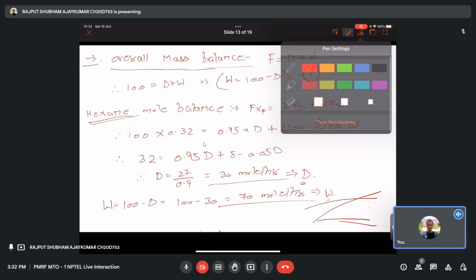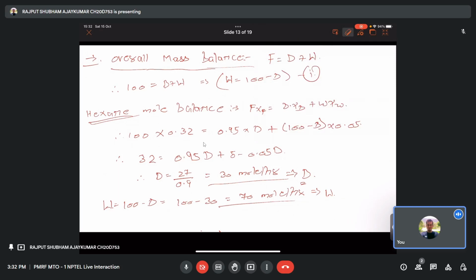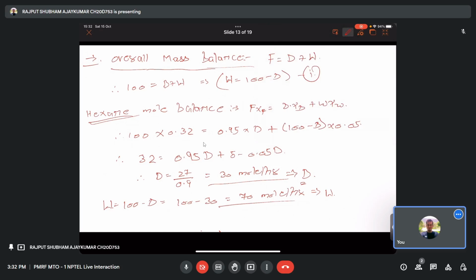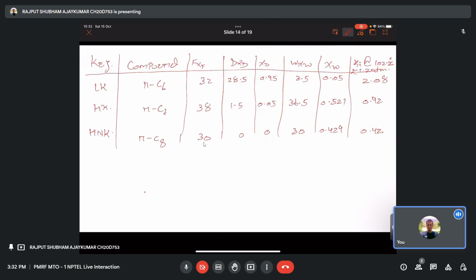Sorry guys, my system is hanging. Just one minute, I'll rectify it. This is not wrong, this is double. Yeah, so we are here. So distillate is 30, residue is 70 and feed is 100.